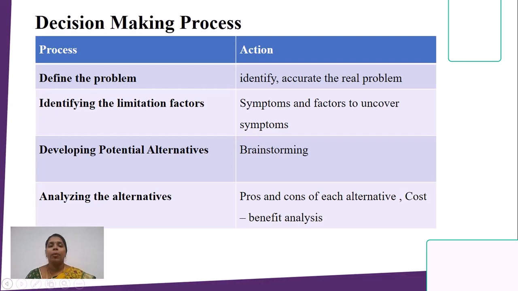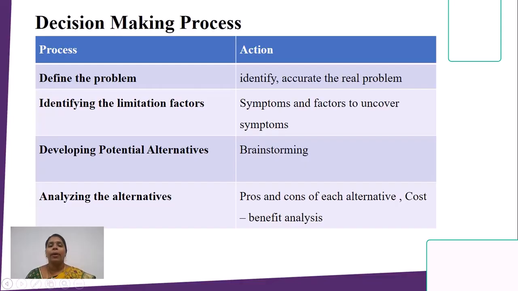So as a process of taking decision, once after identifying the problem, a managerial economist has to identify the limiting factors, the symptoms and the factors to uncover the symptoms of the problem.